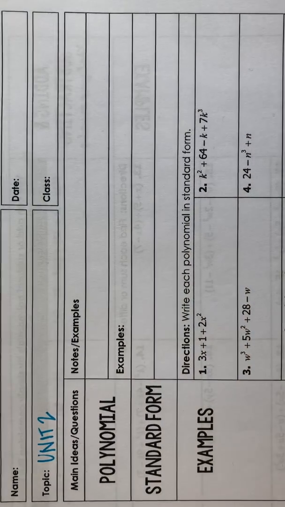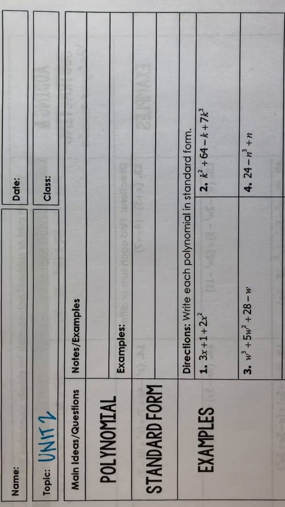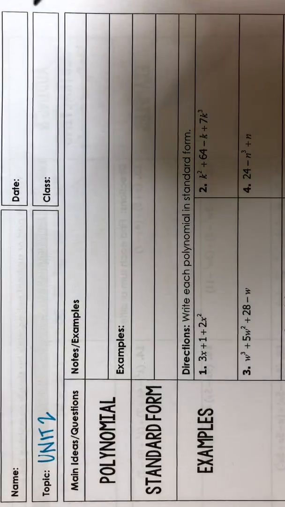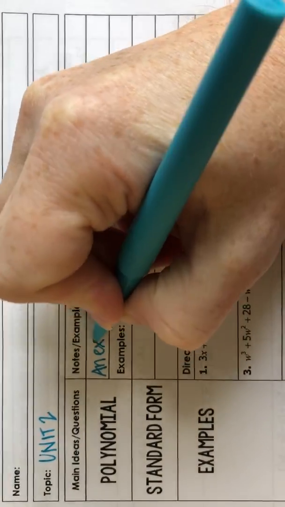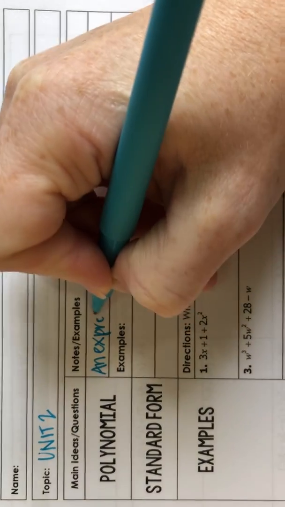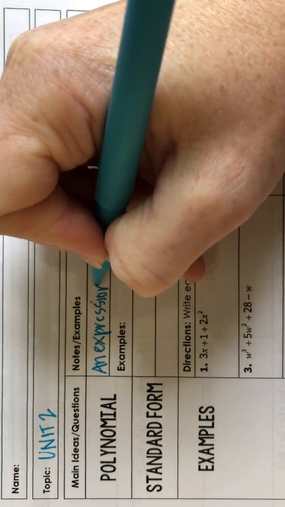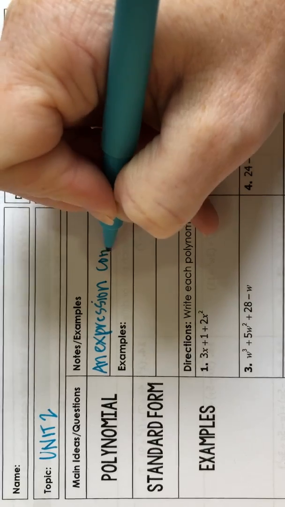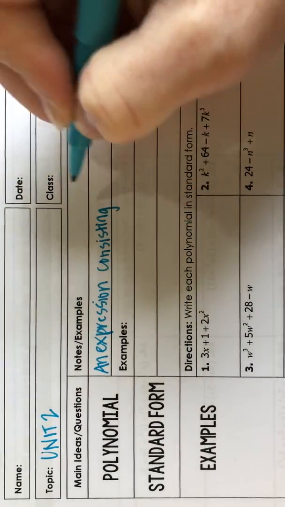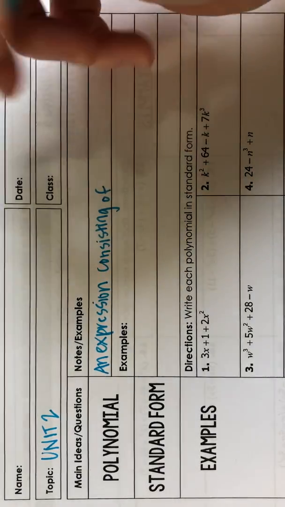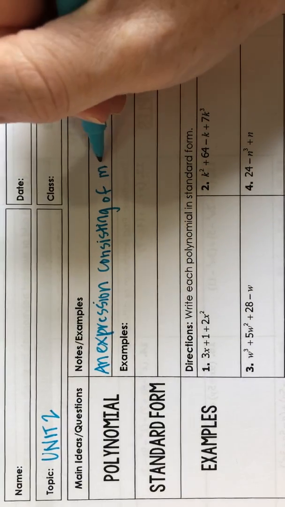So first of all, today we're going to just do an introduction, okay? First of all, the definition of a polynomial is that it is an expression consisting of many terms.